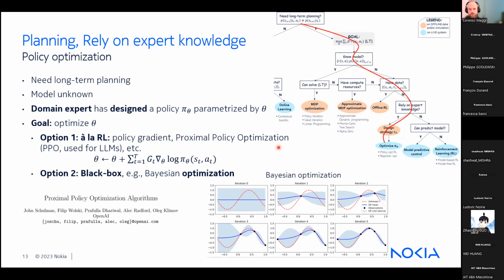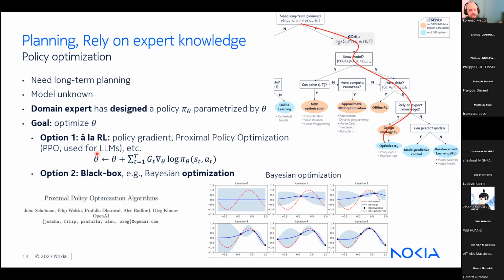I wanted to stress it because it has become fairly popular recently because it's used for LLMs, although possibly there are better ways to refine an LLM, but this is not the goal of the talk.